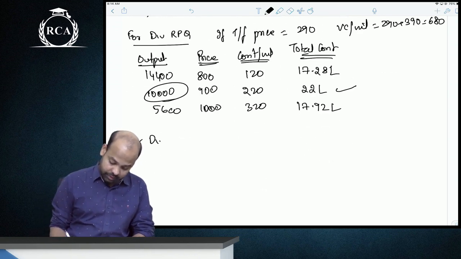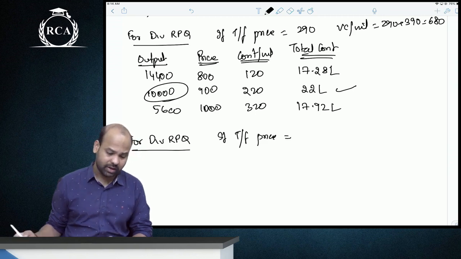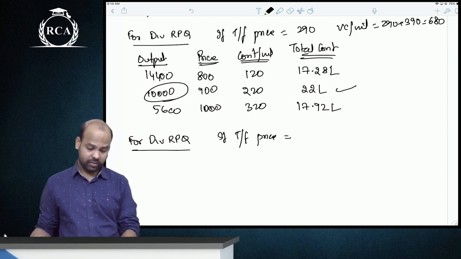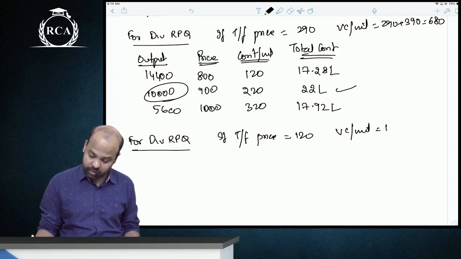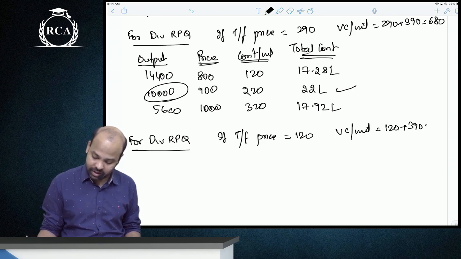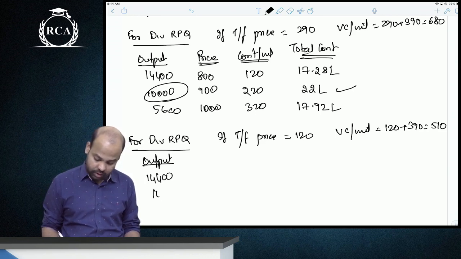Now again for division RPQ, if the transfer price is 120 rupees, the variable cost per unit would become 120 plus 390, that is 510. Output is 14,400, 10,000 and 5,600 units.